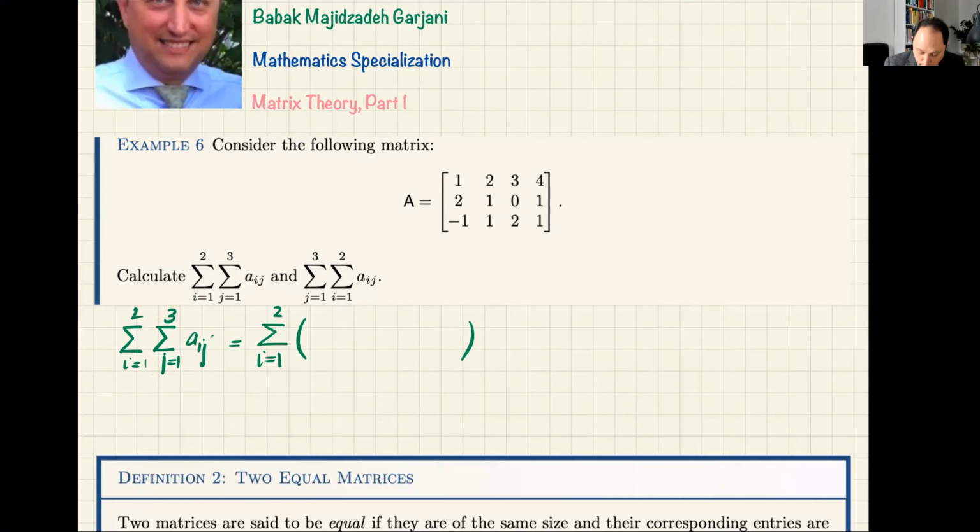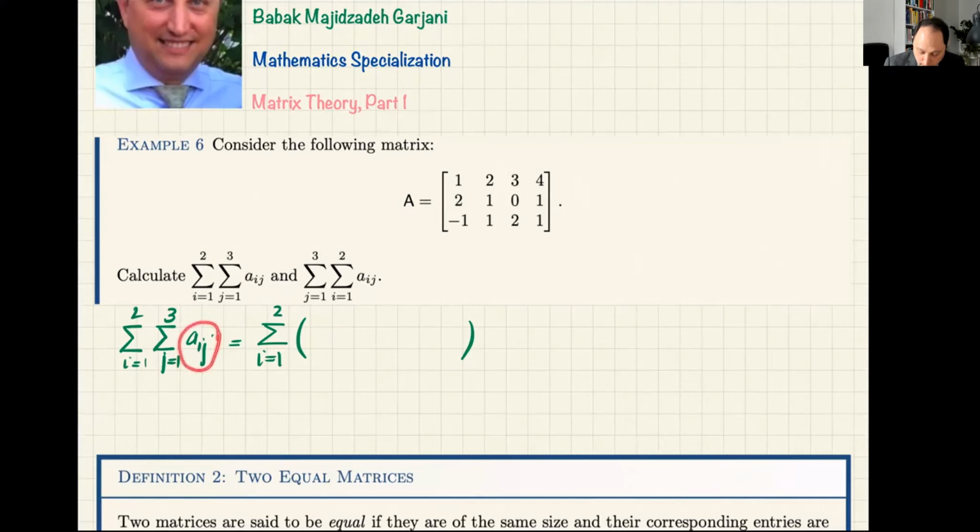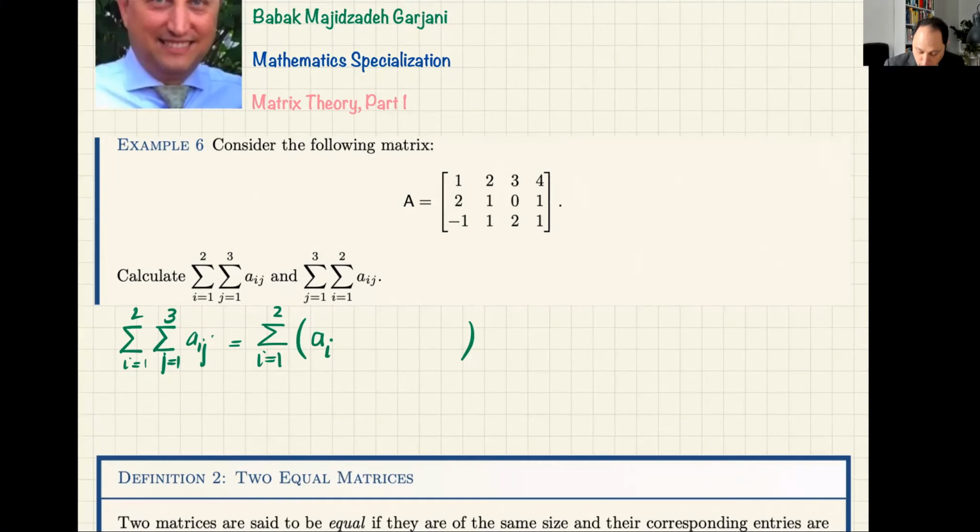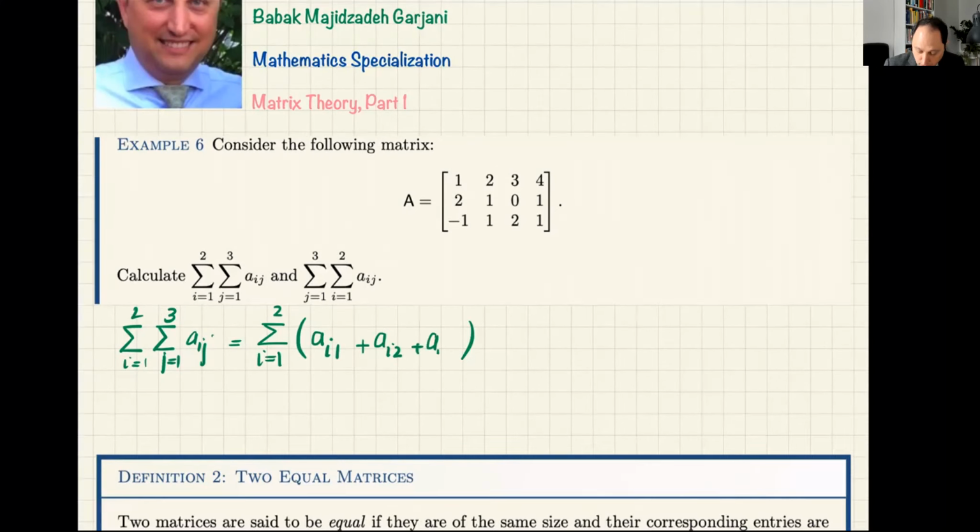This sigma depends only on j, and j runs from 1 to 3. So instead of j, I replace it with 1, then with 2, and then finally with 3, and then add them. But I'm not touching the I index. So this becomes I1, then I2, and then I3.